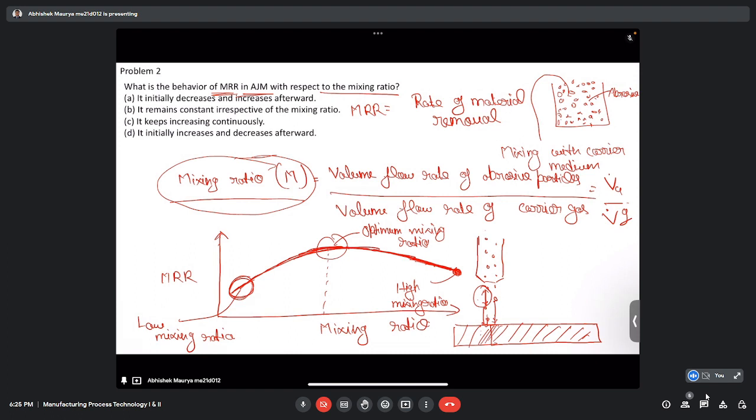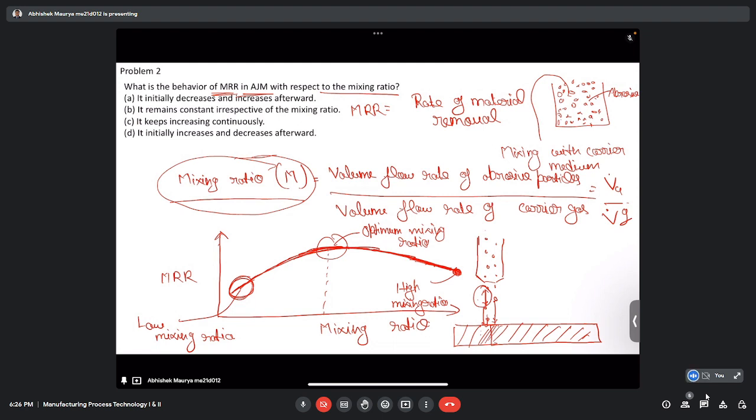In 1 second, a very small amount of abrasive will come, and those small amount of abrasive particles are responsible for removal of material. Since a small amount of abrasives is available for material removal, the material removal rate will be slow.